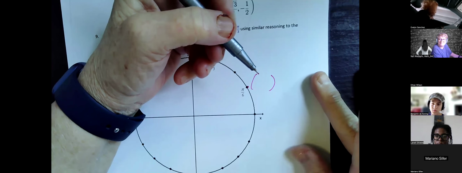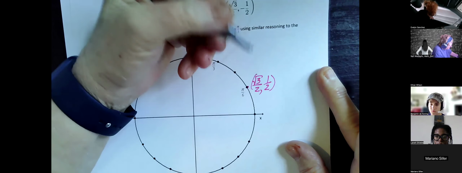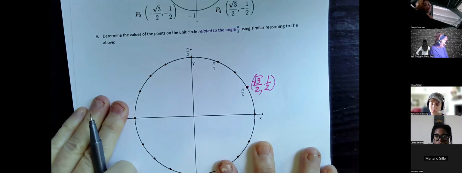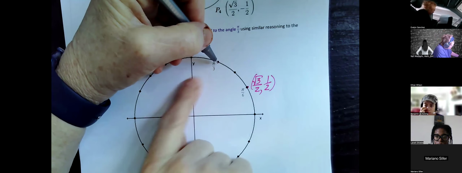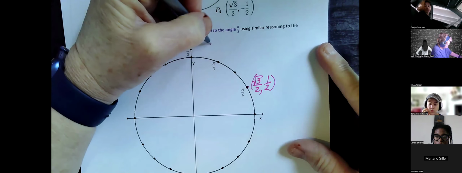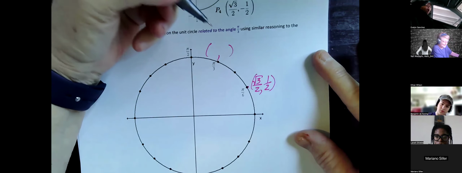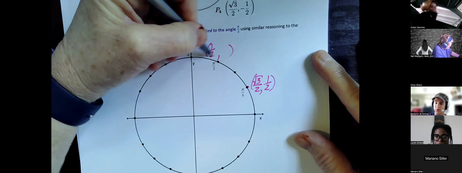The y value. Good. And that means the other one has to be square root of 3 over 2. And that means that the 60-degree or pi over 3 angle has to be what? 1/2, comma, square root of 3 over 2.